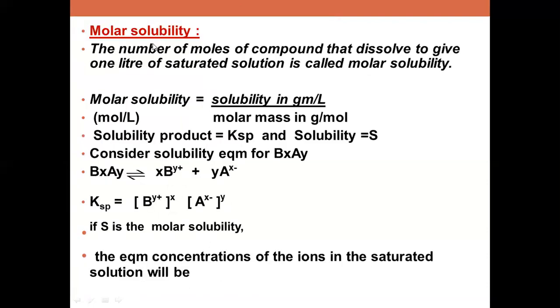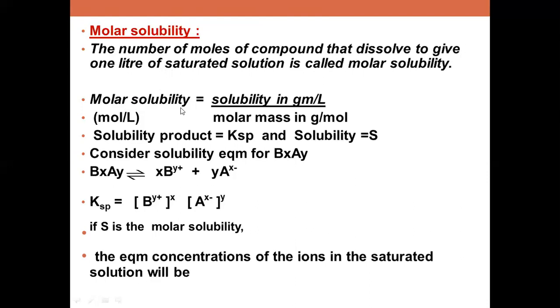Then molar solubility. The number of moles of compound that dissolves to give 1 liter of saturated solution is called molar solubility. This definition can come for big marks. Define molar solubility: the number of moles of compound that dissolves to give 1 liter of saturated solution is called molar solubility.